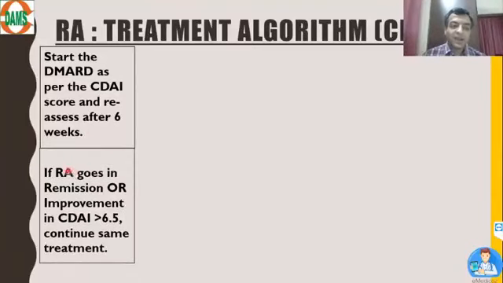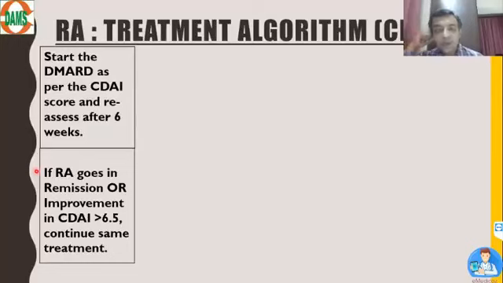If RA goes into remission, or the score improves by more than 6.5, meaning the score must become less by more than 6.5, that means the medicine is working and you will continue the same treatment.